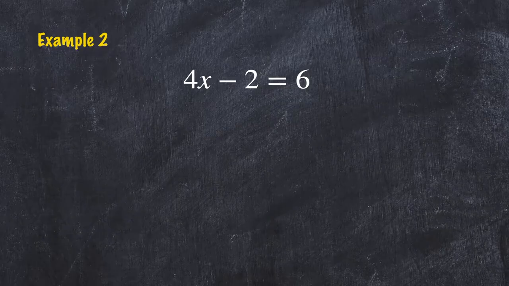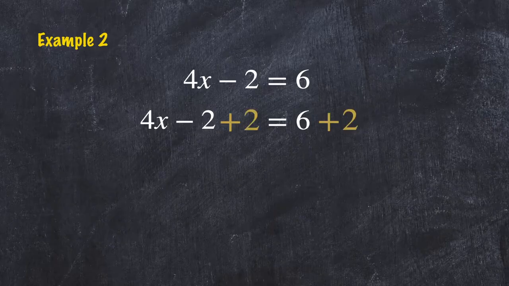Excellent. Example 2. 4x minus 2 is equal to 6. Once again, think through. What is the zero pair of negative 2? It's positive 2. So this gives us 4x minus 2 plus 2 is equal to 6 plus 2. Once again, negative 2 plus 2 gives us 0.